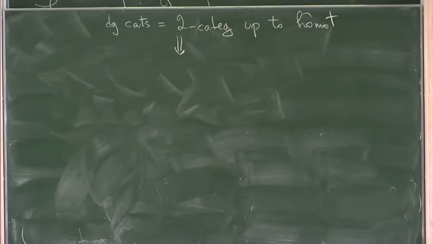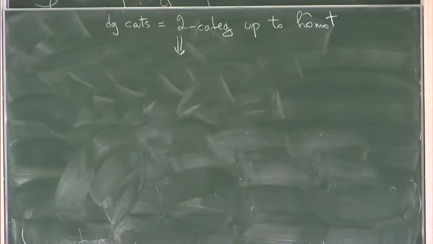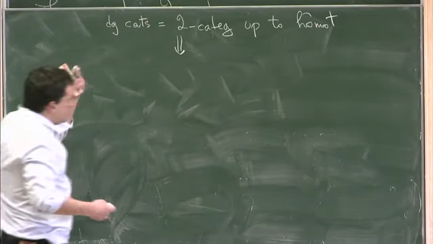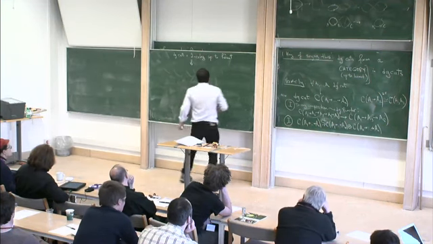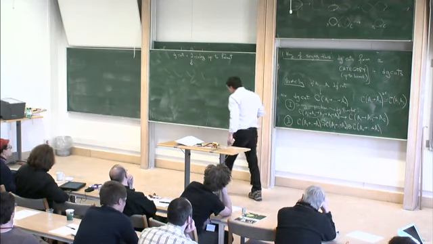What's the standard way of thought by now? You somehow establish the result that DG categories form a two-category up to homotopy.